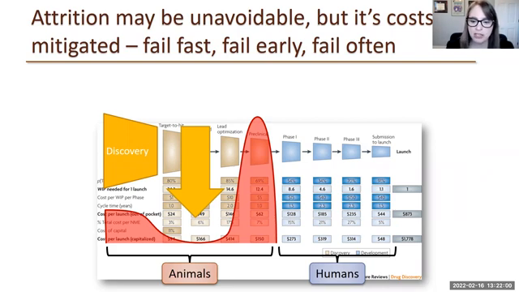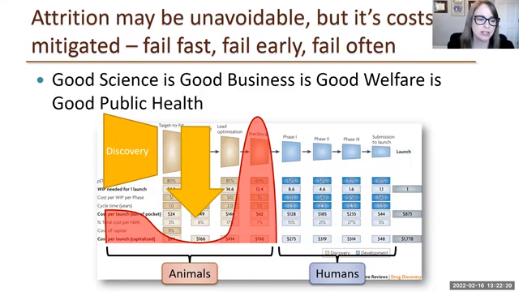Now, we have plenty of candidates to start this process well, and that's not the problem. The problem is with specificity. So essentially, we're taking drugs into human trials that should have never been there in the first place. We're not failing drugs quickly or as readily as we probably should. So if we translate, this really means that good science is actually good business, which is also good welfare and is good public health.